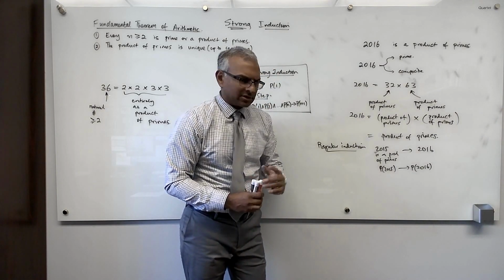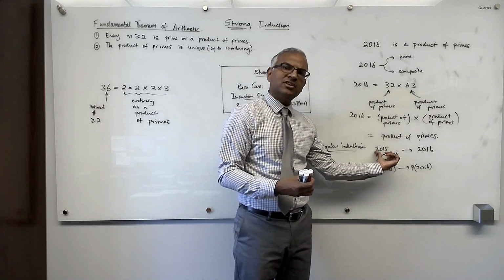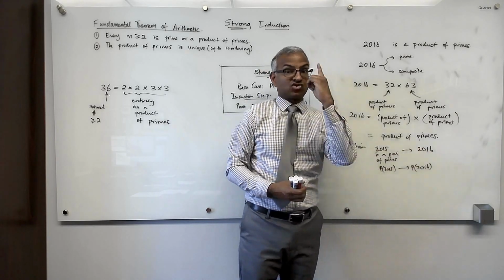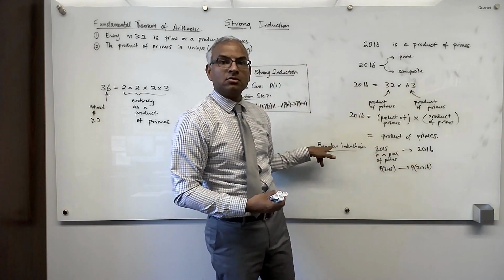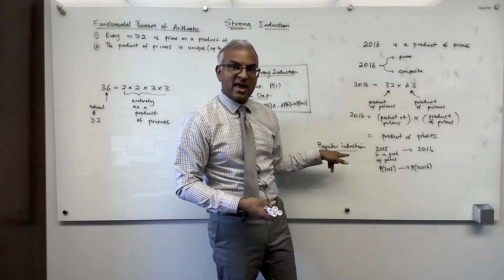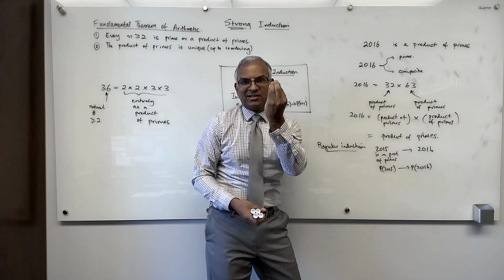But strong induction, because in regular induction, I'm only allowed to assume 2015 is a product of primes in order to prove the claim for 2016. But in strong induction, I'm allowed to assume that every number below 2016 is a product of primes. In other words, the claim holds for every number below 2016. And that's when strong induction reveals its power.